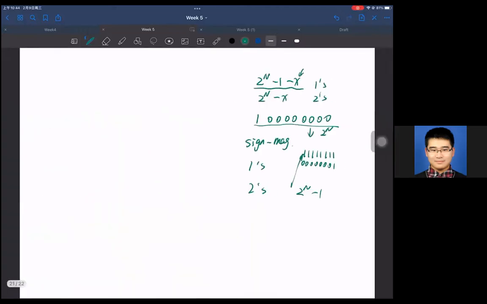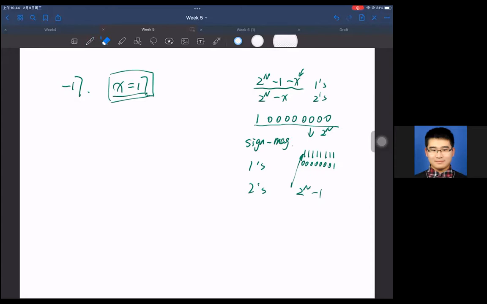But if you look at this example, we're trying to get minus 17, so x equals 17. This is very important. For a positive number, it's just x, and one's complement is x, and 2's complement is also x. Only if the number is smaller than 0 do we have to use 2 to the n minus x, or 2 to the n minus 1 minus x.